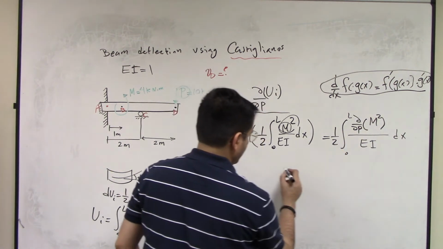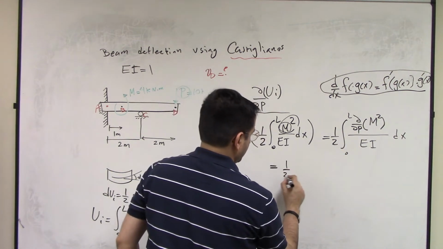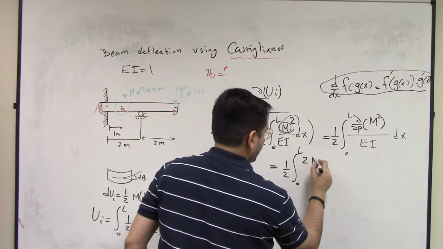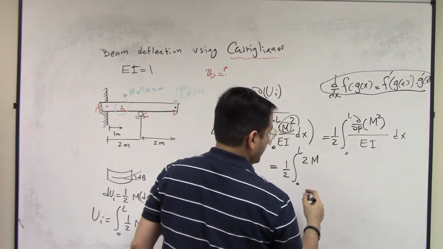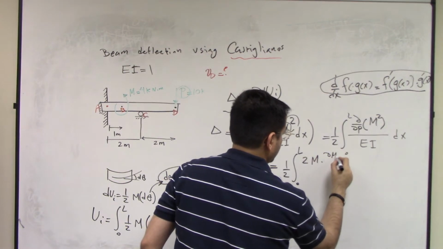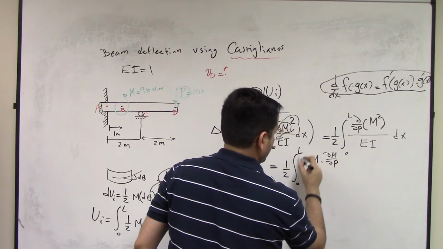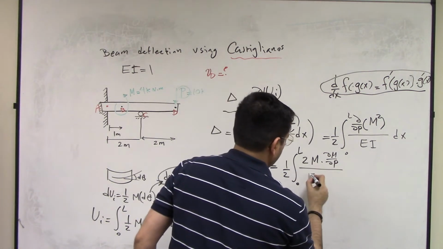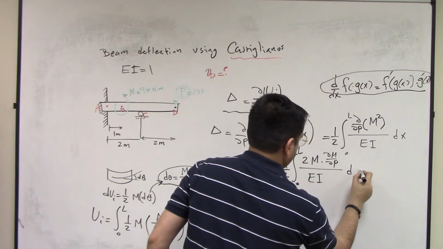So that's going to give you 1 over 2 integral 0 to L, 2M, the derivative of this with respect to M, times the derivative of moment with respect to P. This is equal to this term using the chain rule, divided by EI dx.